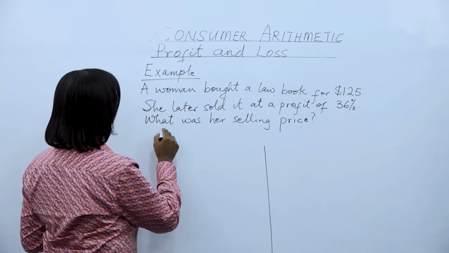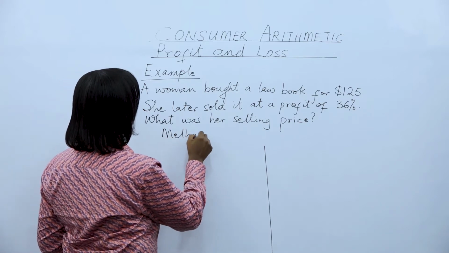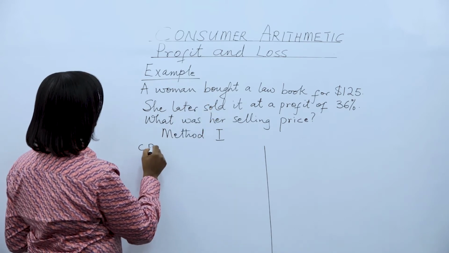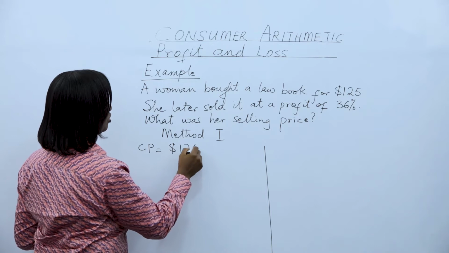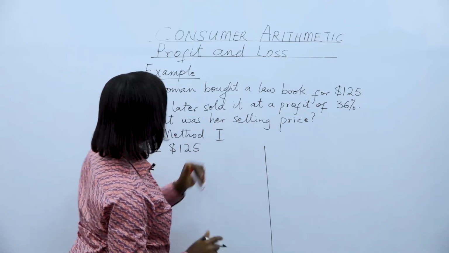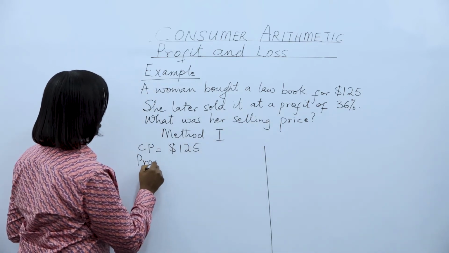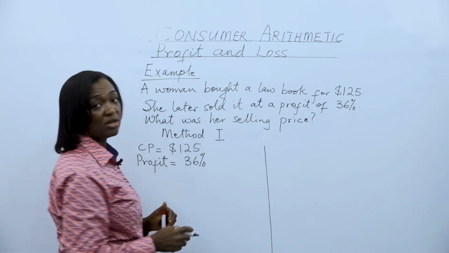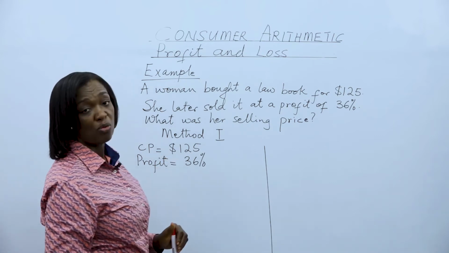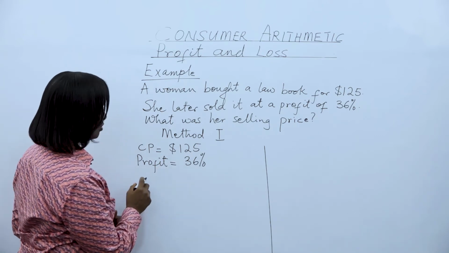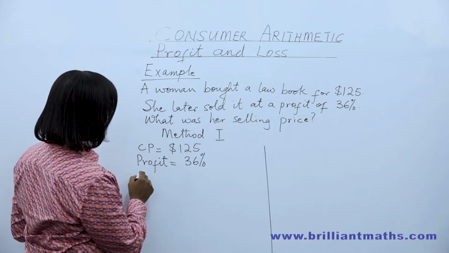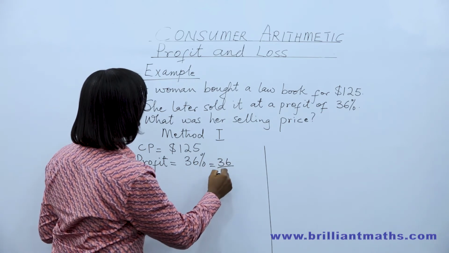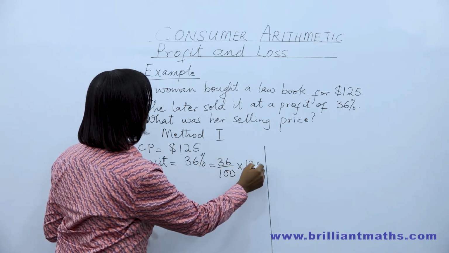So method 1, the cost price is equal to $125. The profit is equal to 36%. So I want to find 36% of 125. So 36%, which is equal to 36 over 100 times $125.